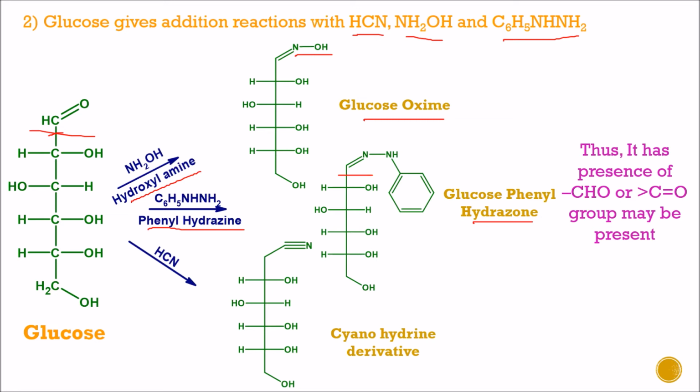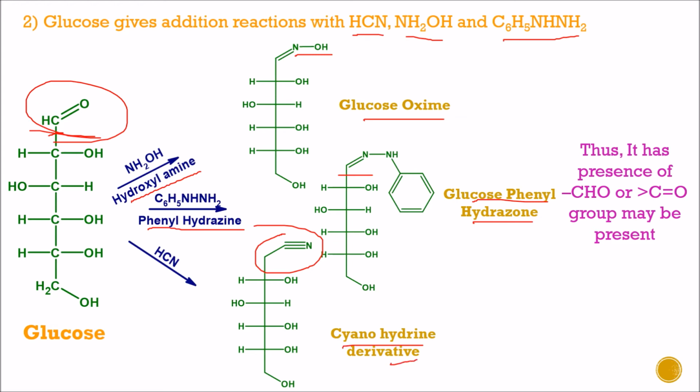So NNHC6H5 is added and glucose phenylhydrazone is formed. And the third addition reaction, that is in presence of HCN, forms cyanohydrin. So CHO group will be converted to CN group.